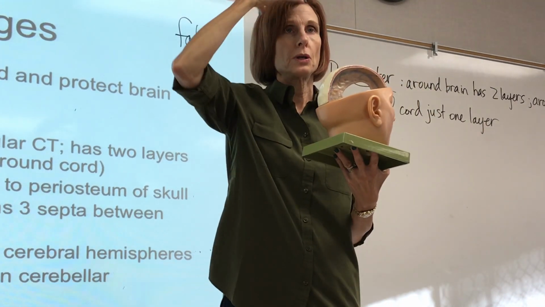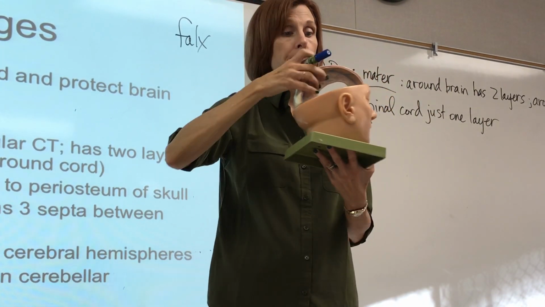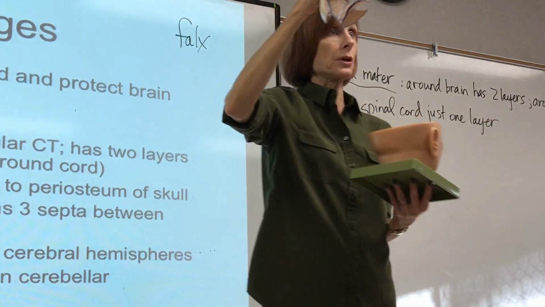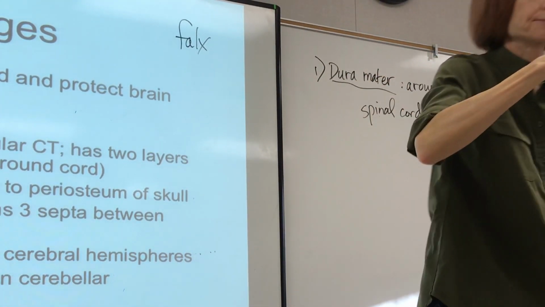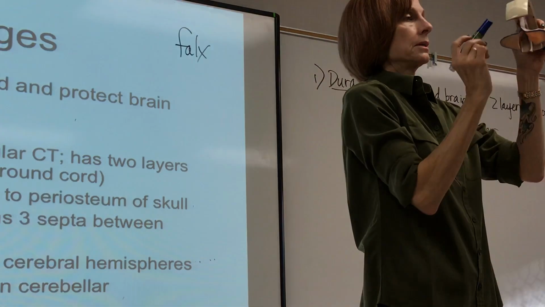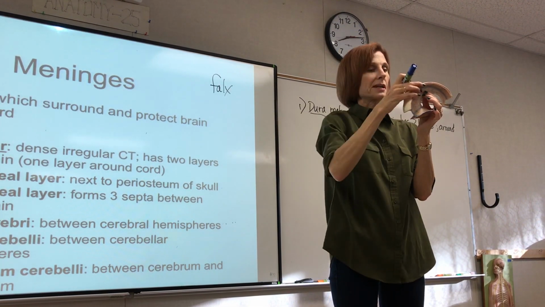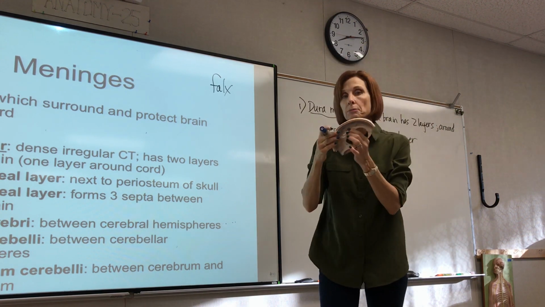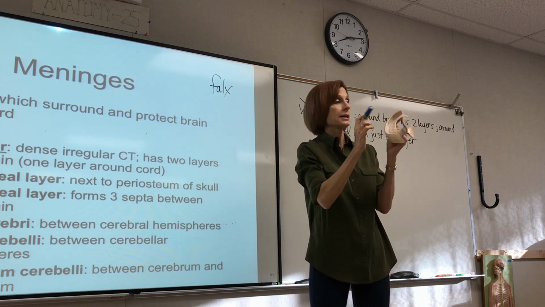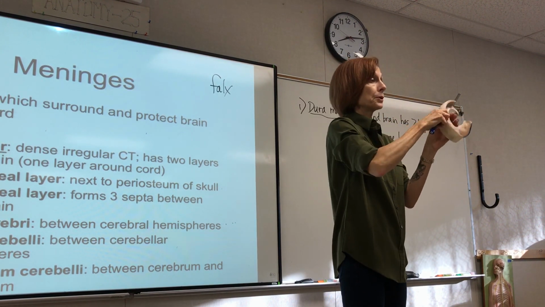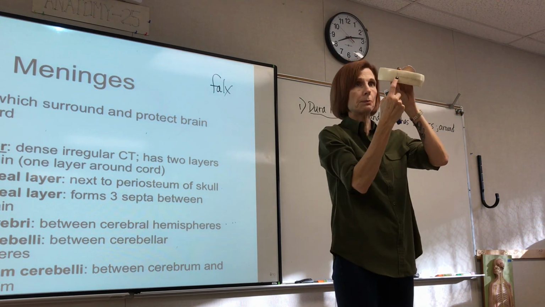Kind of helping to hold on to them and protect them. So this is the falx cerebri, this guy right here. Obviously, it's not really plastic in our bodies. It's dura mater, but it is very tough. The periosteal layer would be this, right up against the bone. This is bone. It's supposed to be bone.